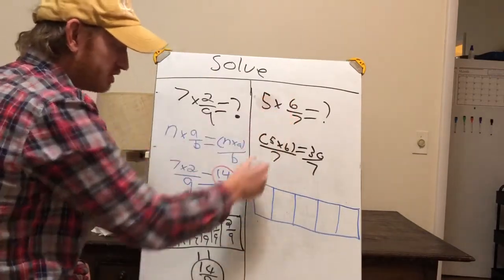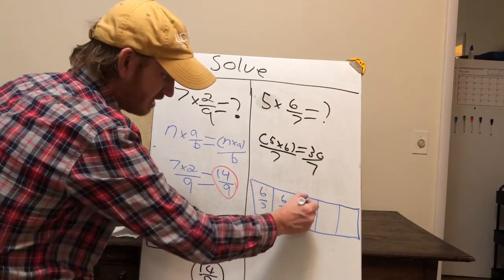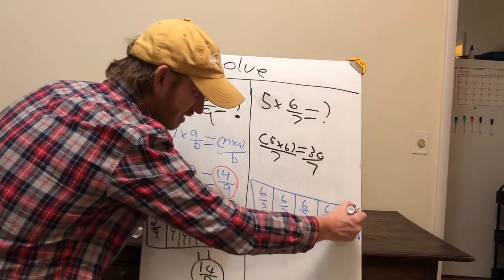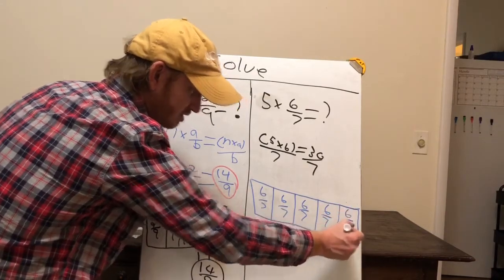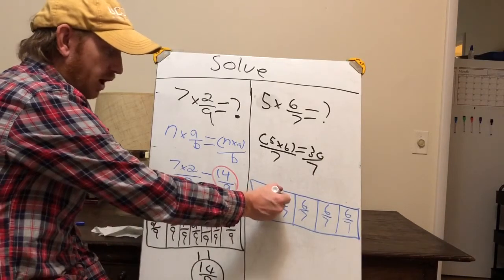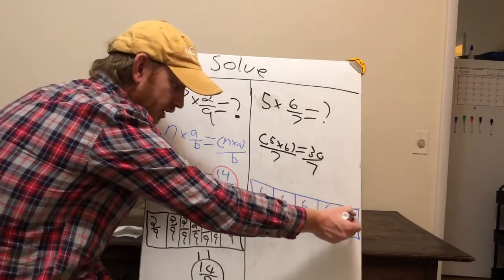And I have 6 over 7 in each one. So 6 over 7, 6 over 7, 6 over 7, 6 over 7, 6 over 7. And then I can add 6, 12, 18, 24, 30 over 7.